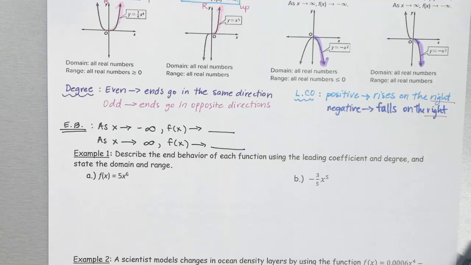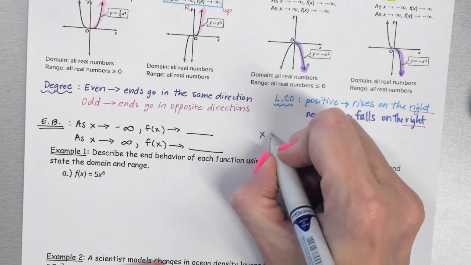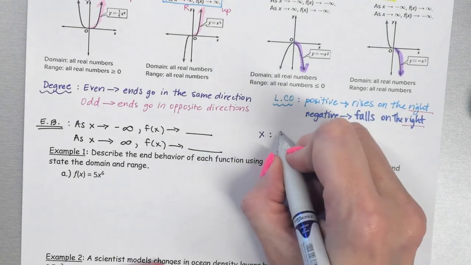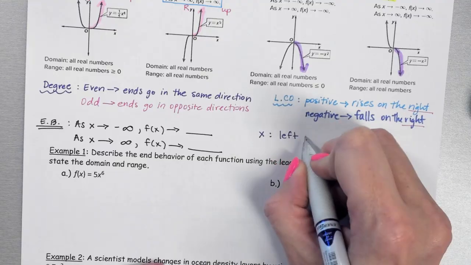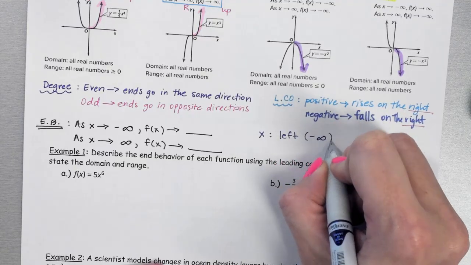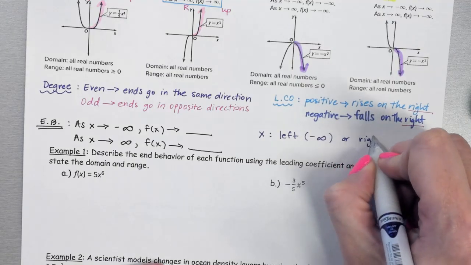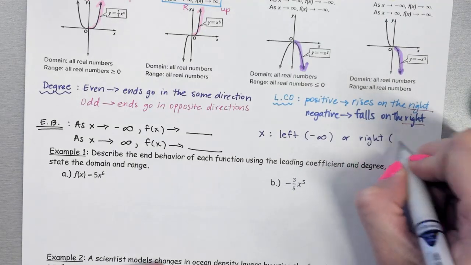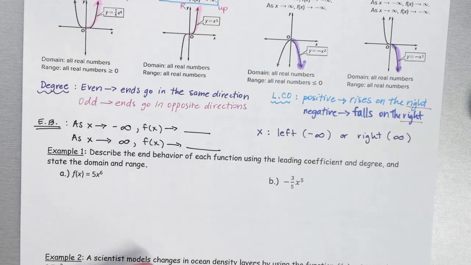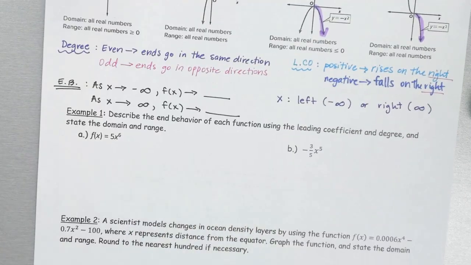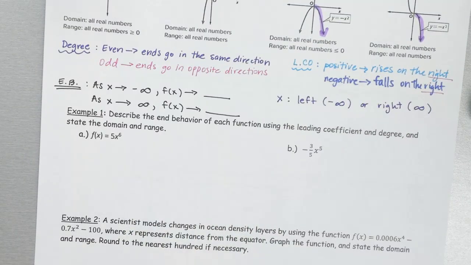So our symbols are going to represent two things. We're just going to write those down as well. So anytime you're working with the x values, if you want to signify you're going to the left, you use negative infinity. If you want to signify you're going to the right, you can just use infinity. In some textbooks, you also might see positive infinity, so like a little plus in front, and that's okay too.